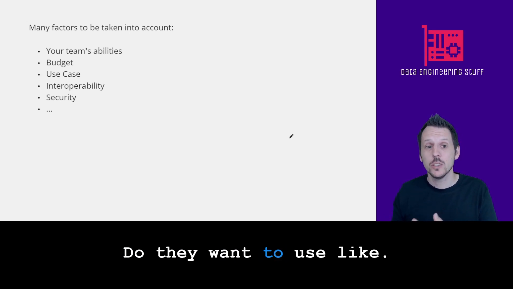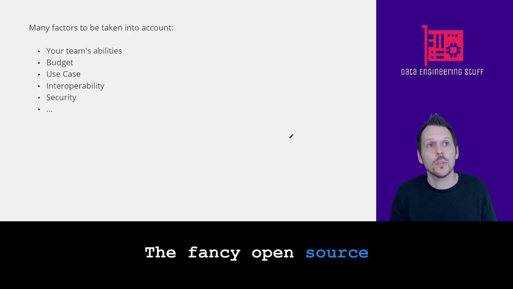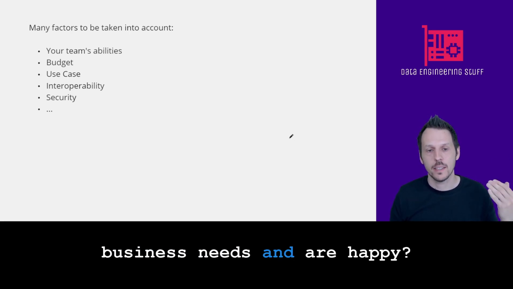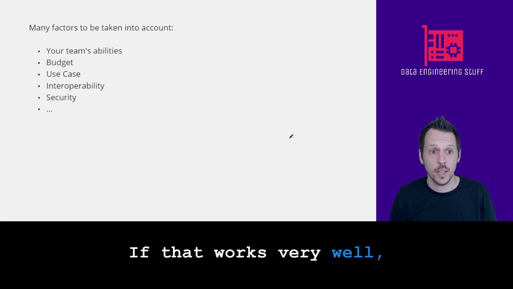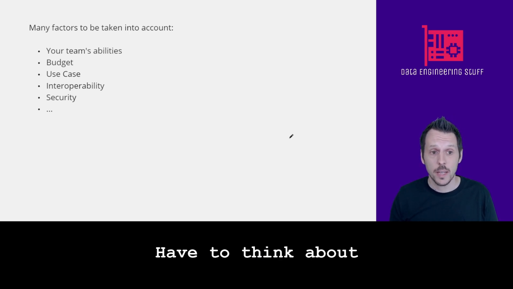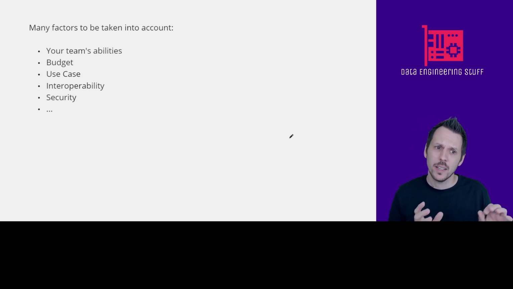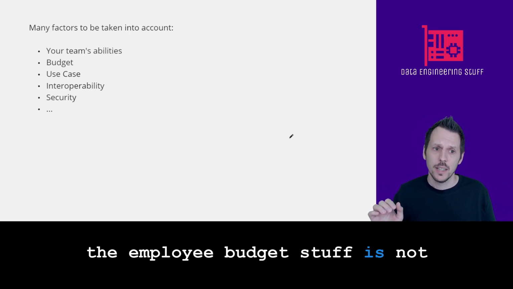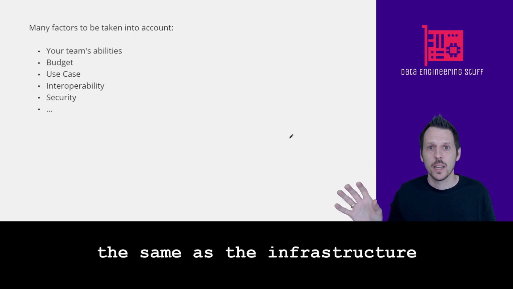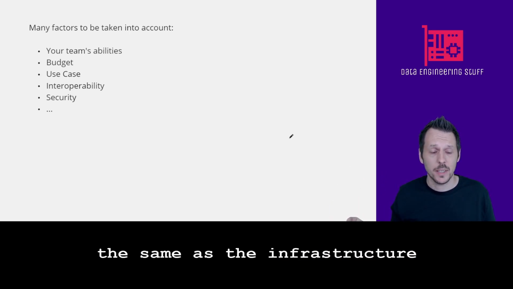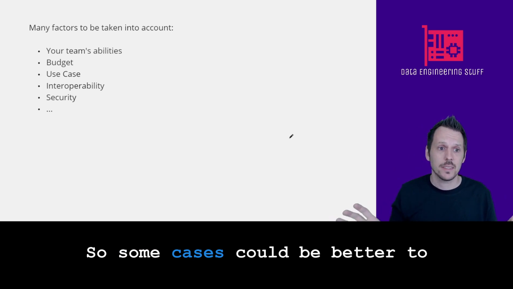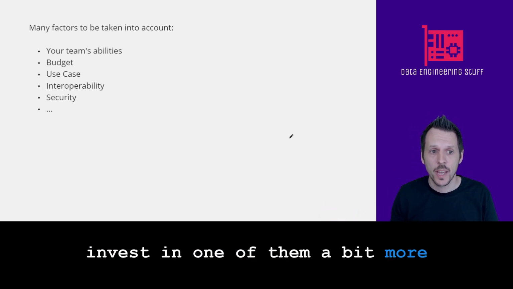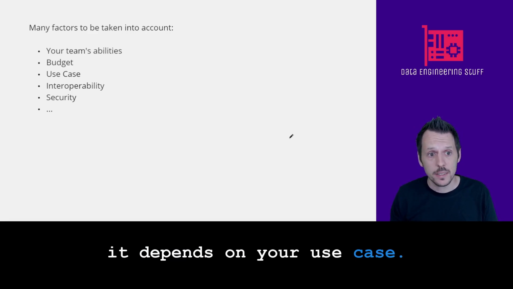Do they want to use the fancy open source technical stuff, or are they happy to fulfill business needs and are happy if that works very well? Then you have to think about budget. Sometimes the employee budget is not the same bucket as the infrastructure part. So in some cases it could be better to invest in one of them a bit more. It depends on your use case.